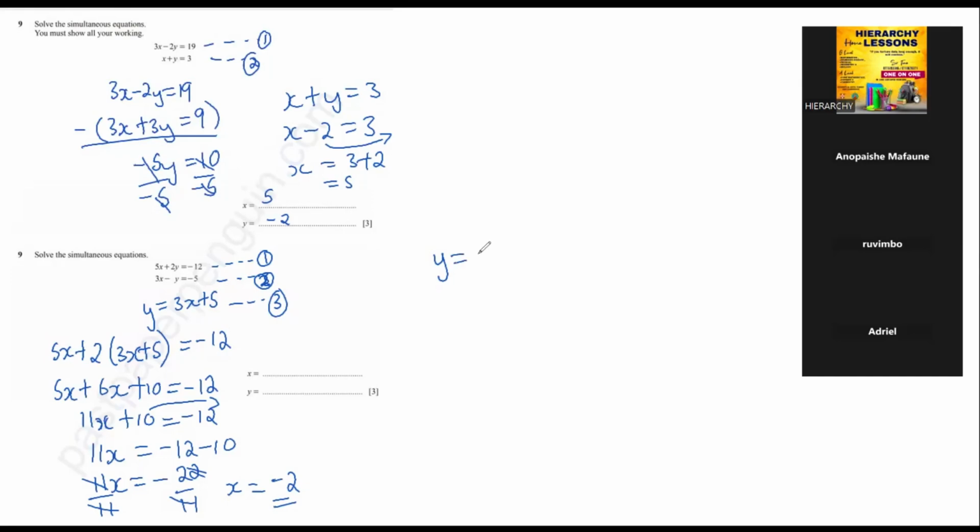So y is equal to 3 times minus 2 plus 5. So what do you get now? We get minus 6 plus 5. We get minus 1. So y is equal to minus 1. X is equal to minus 2.